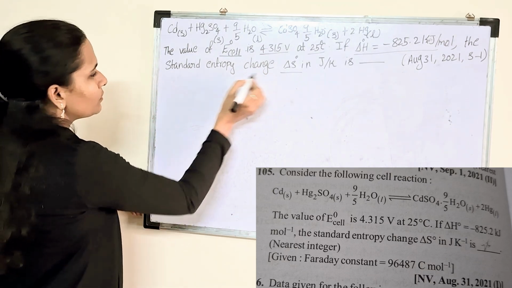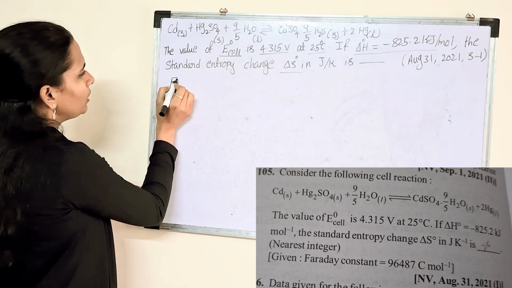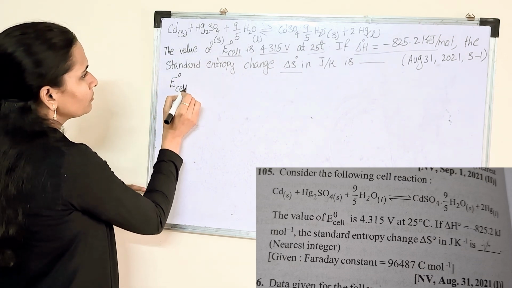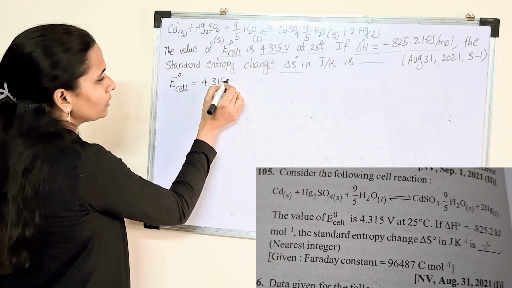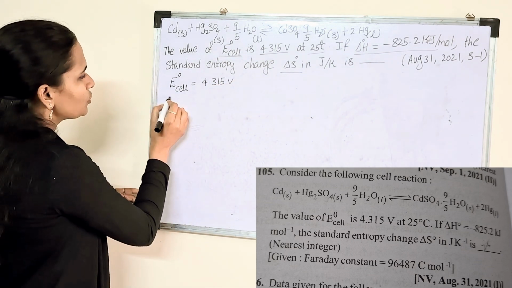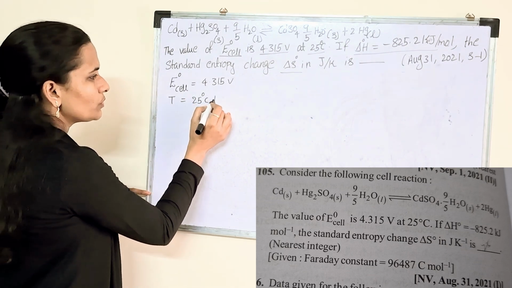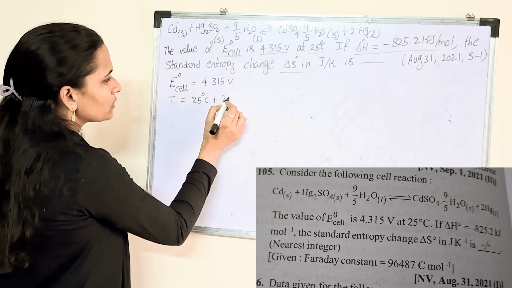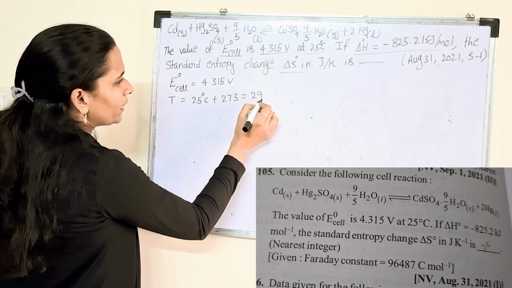First of all, write down the given information. E° cell is 4.315 volts. Next, the temperature is 25 degrees Celsius, which we have to convert into the Kelvin scale: plus 273, so this is 298 Kelvin.